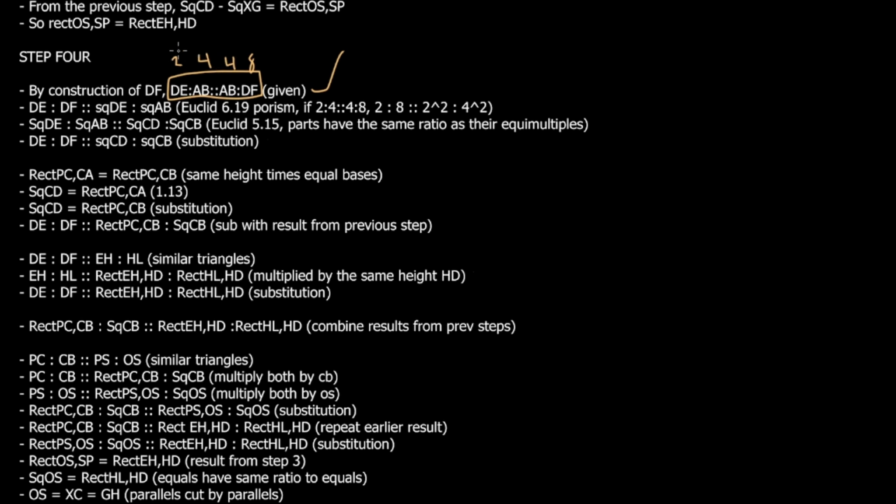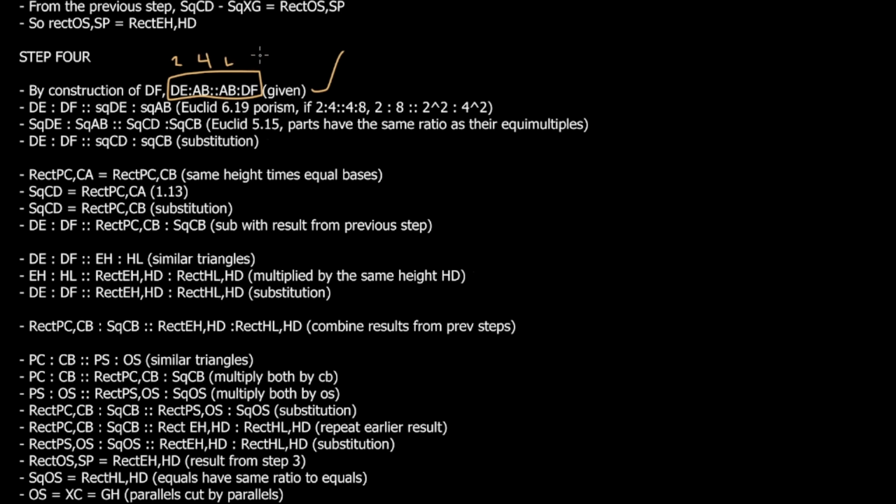If you have this, then as 2 is to 8, taking the extremes here, the square on the first term is to the square on the second term. So if 2 is to 4 as 4 is to 8, then as 2 is to 8, 2 squared, 4, will be to 8 squared, 64.